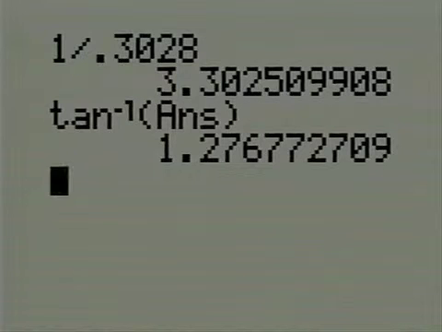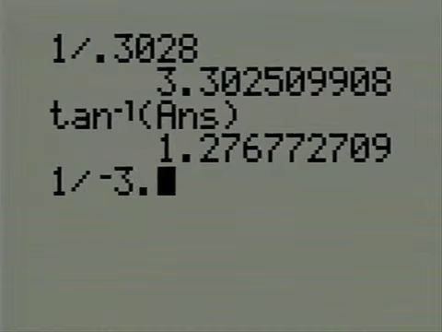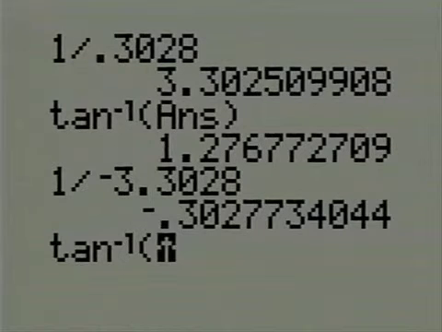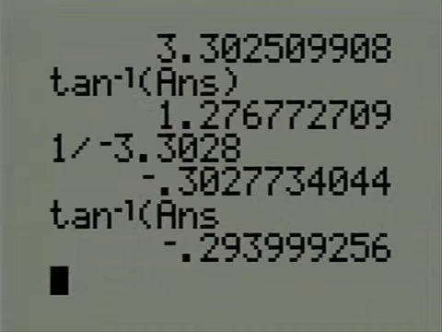We'll keep that answer in mind, and let's find 1 divided by negative 3.3028 as a decimal and find the inverse tangent of that answer, and we end up with negative 0.2939. Now, for this particular equation, we need to write the whole solution set, which means all infinite solutions.